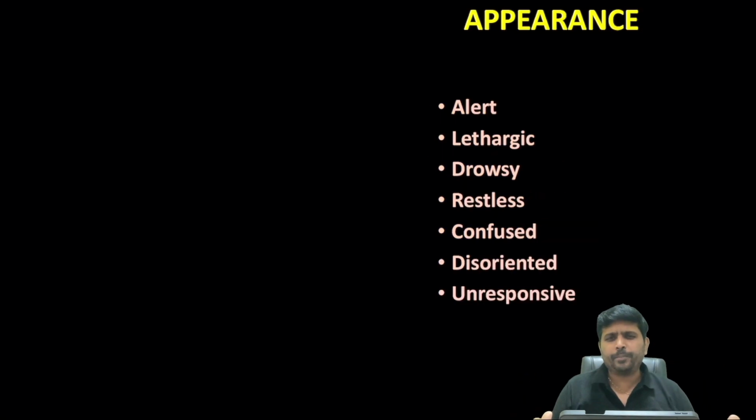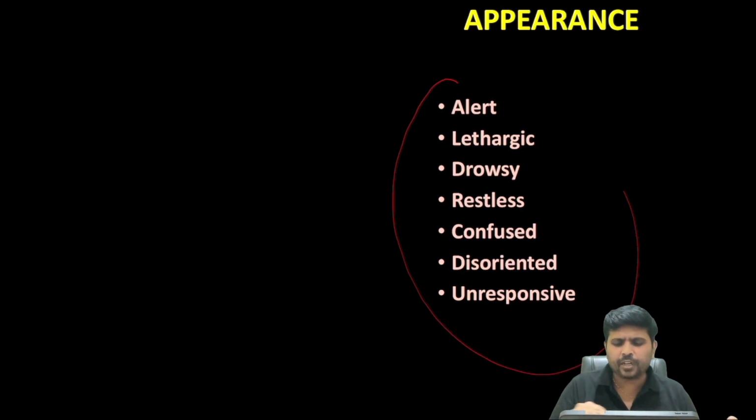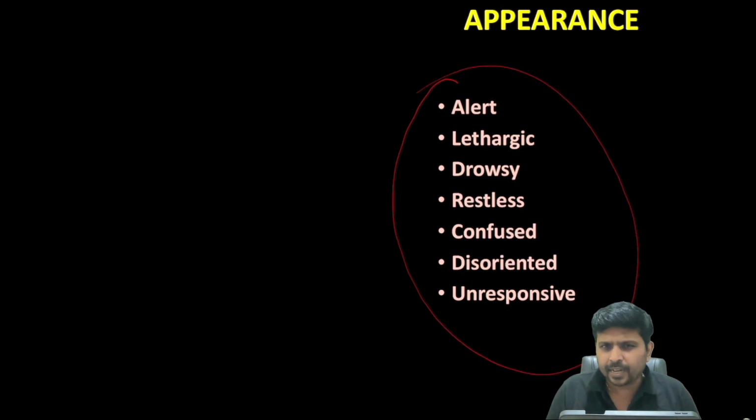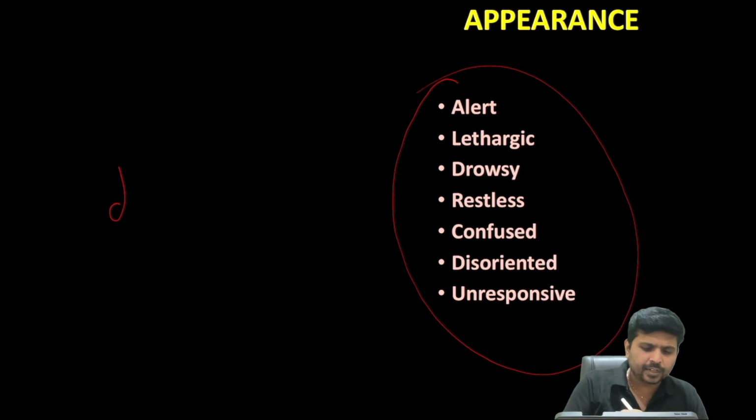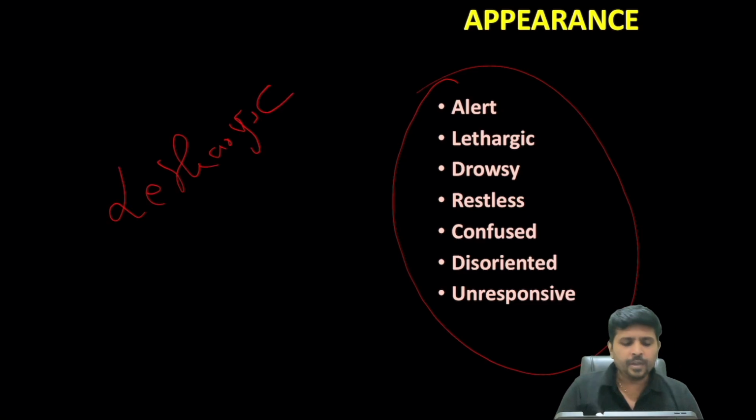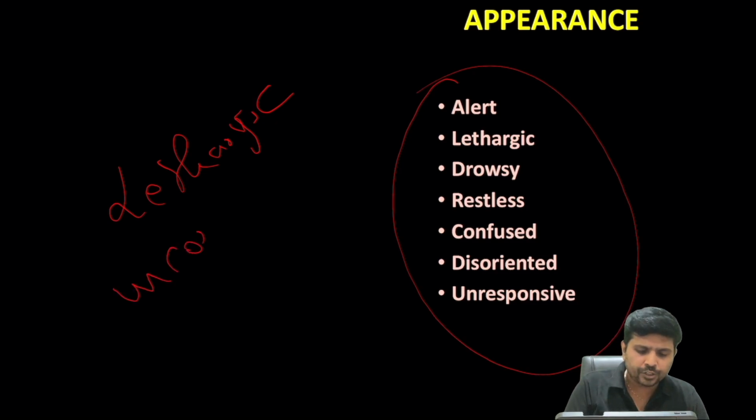Appearance. What do you mean by appearance? There are so many things which are noted here, whether the child is alert, lethargic, drowsy, restless, confused, disoriented, unresponsive. But as far as pediatrics is concerned, you need to ask only two things: whether the child is lethargic, whether the child is unconscious.